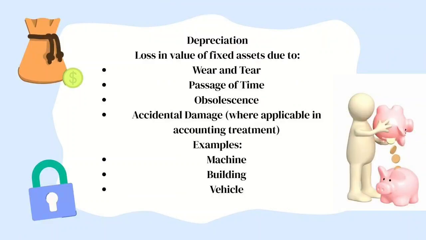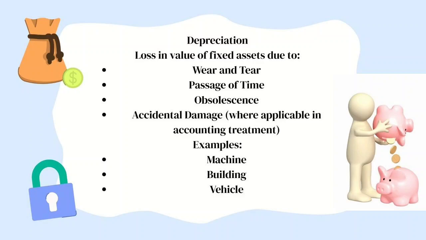See, the other name of depreciation is consumption of fixed capital. It is a reduction in the value of fixed assets over time. Why does this happen? Firstly, because of regular use, machines become old with continuous production. Secondly, simply because time passes. Even if a machine isn't used much, it may lose its value.